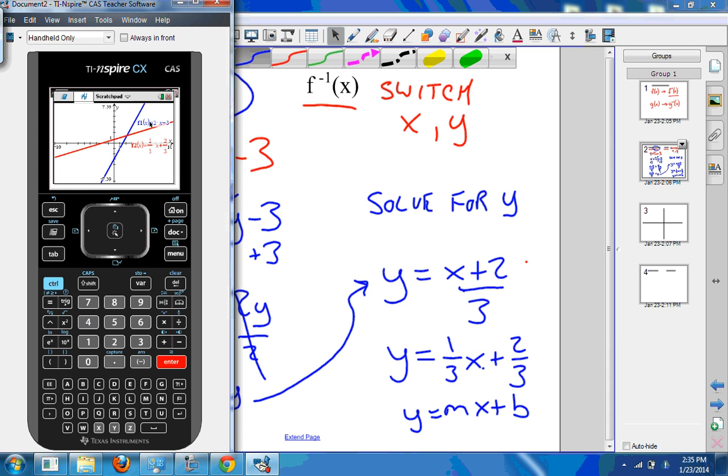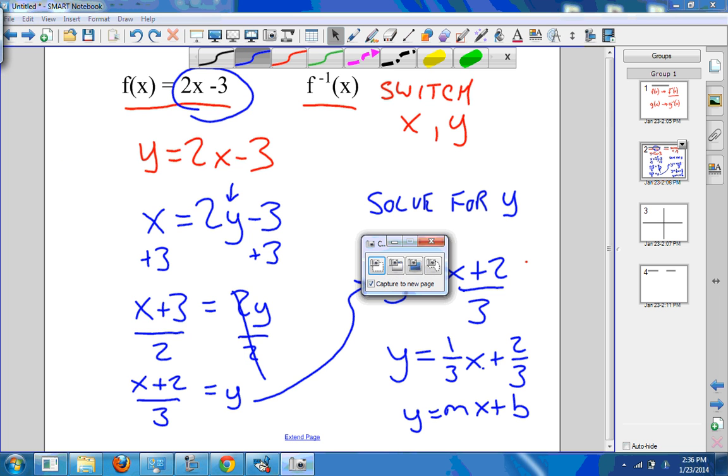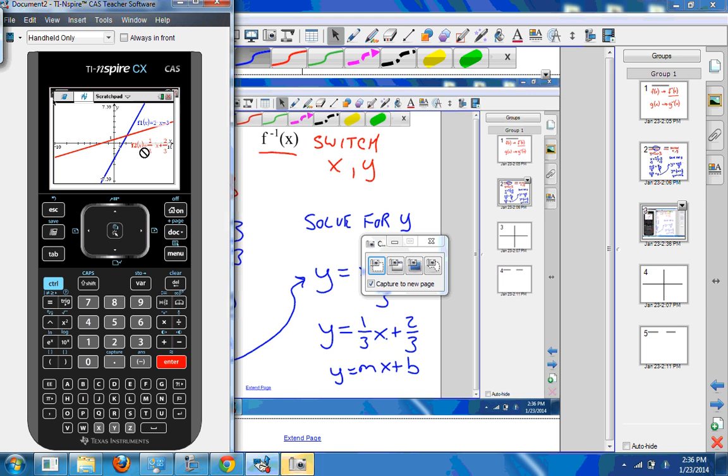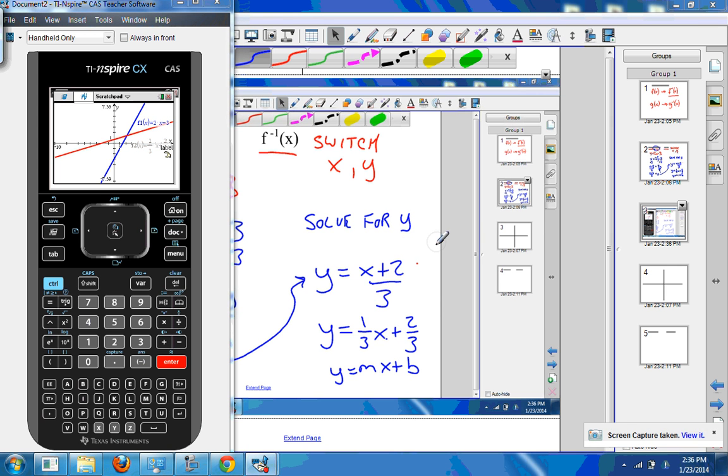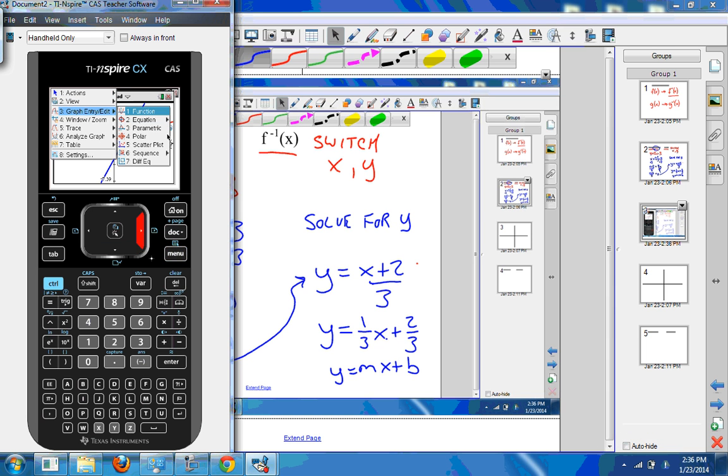That diagonal line would just be y equals x. If I add y equals x, it makes a perfect diagonal line going right in between those two functions, and we can fold them over on top of each other.